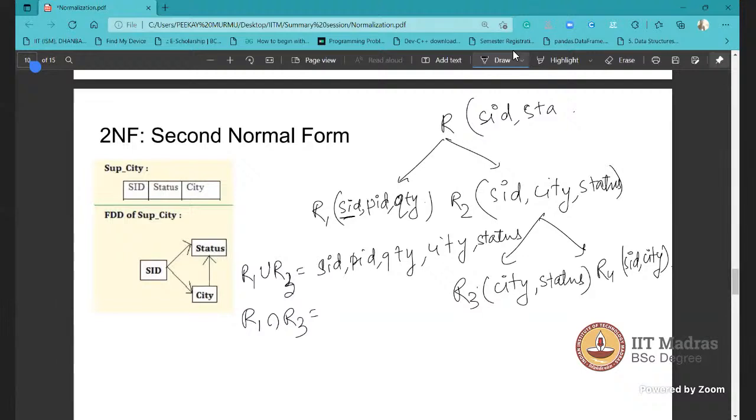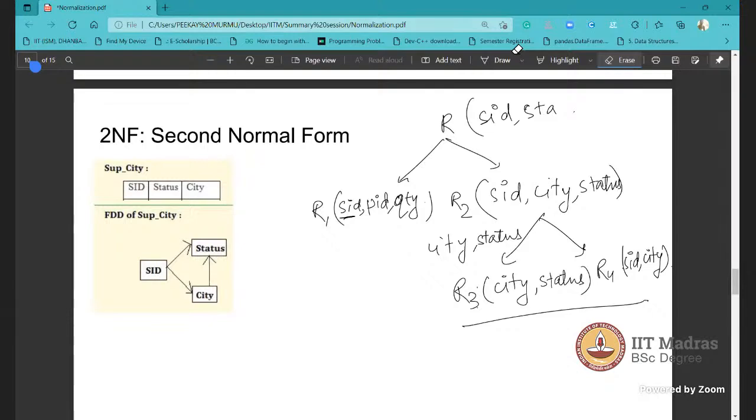Let me check in another way. First we have to check R3 and R4. So first we check R3 union R4, right? What do we get? City, status, SID, which is equal to R2, right?